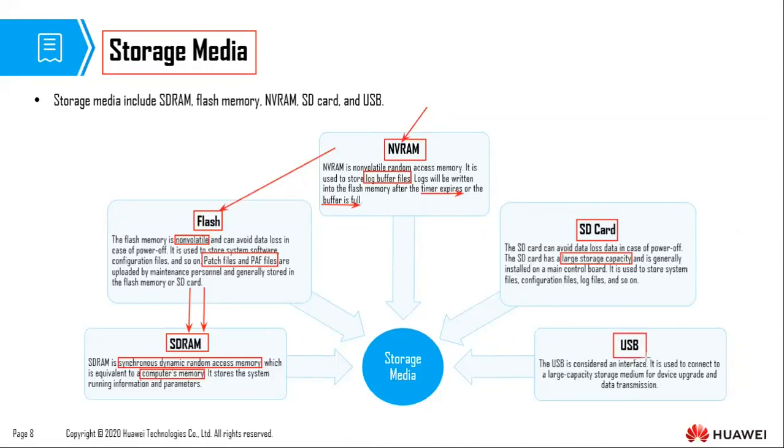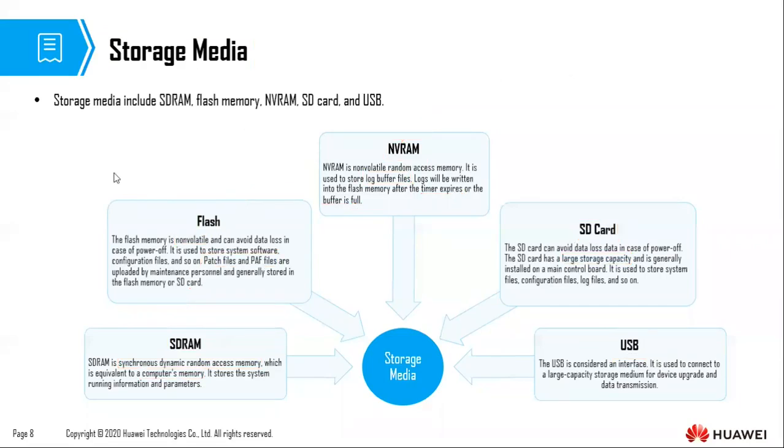Similarly, you can also use a USB flash drive to do that. Most of the time, we use either the SD card or USB, for example, to transfer files or to back up files from the device. So those are the commonly used storage media in Huawei data communication equipment.